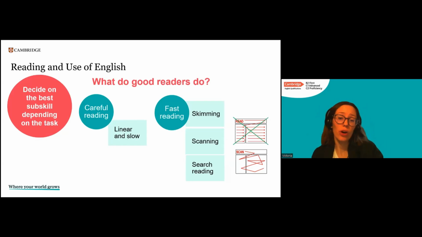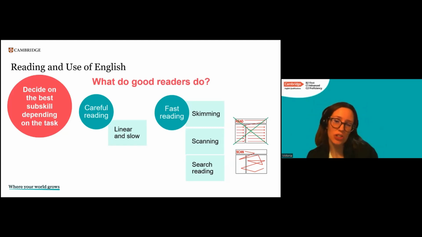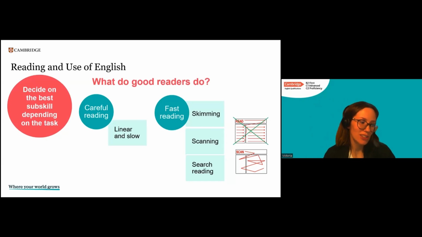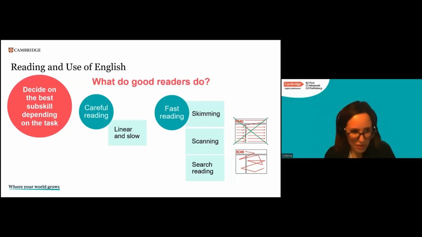But then there are other situations in which we need to engage in fast reading techniques, such as skimming, reading quickly to get a general idea of what the text is about; scanning, reading quickly to get specific information, a percentage we are interested in, a name, for example; and then search reading, which is a bit more challenging than scanning because it involves locating info on specific topics.